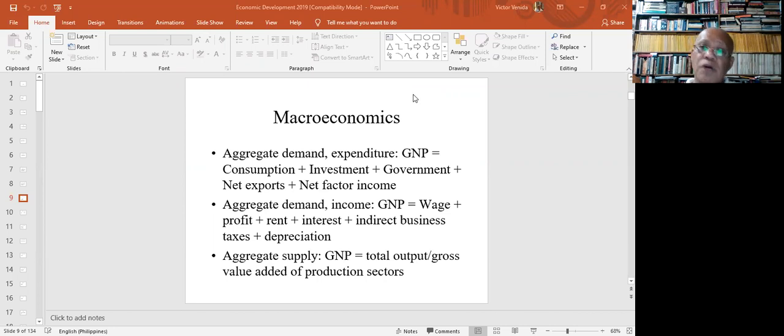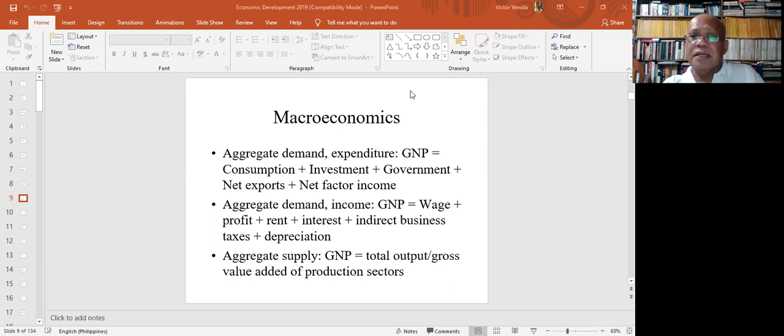Government would be the expenditure of the entire government, national and local. Net exports is the difference between total exports minus total imports. And net factor income is the difference between income from abroad being remitted here minus income earned here sent abroad.